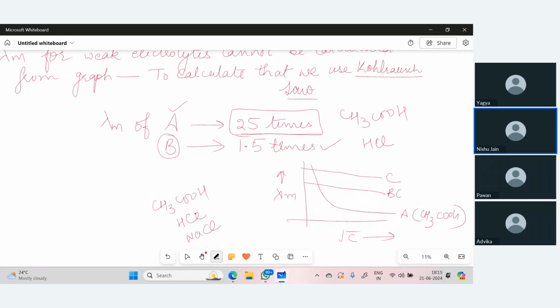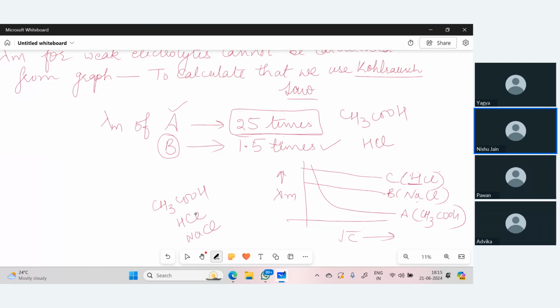Why is B this one and C that one? NaCl is a very strong electrolyte. HCl is also a strong electrolyte. B and C both are strong electrolytes. Isn't NaCl the strongest? No, that is not so. Both are strong. HCl is C, NaCl is B. Why so? Both completely dissociate.